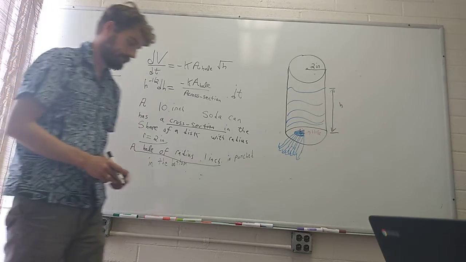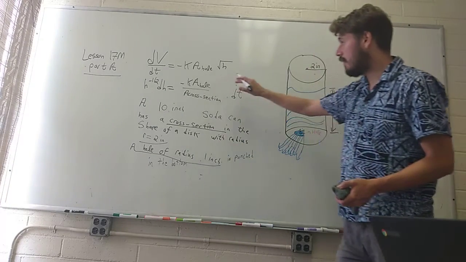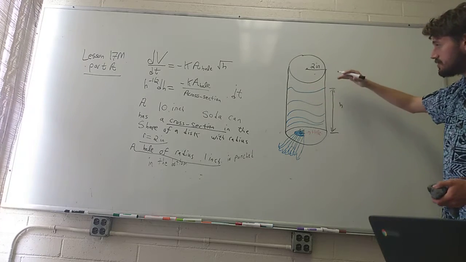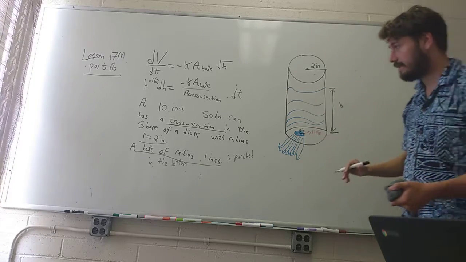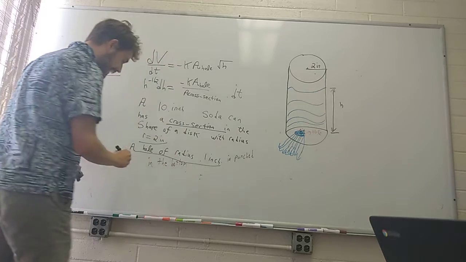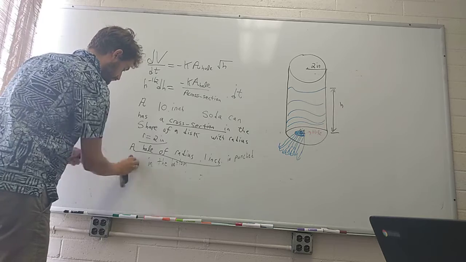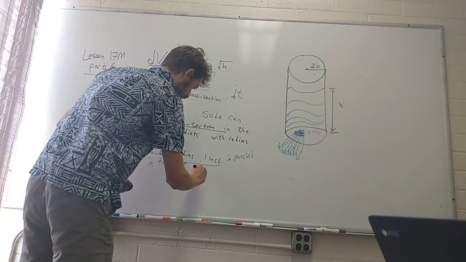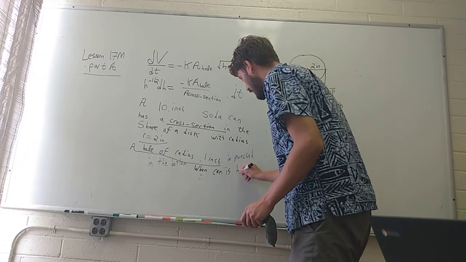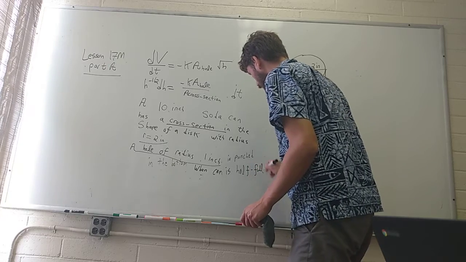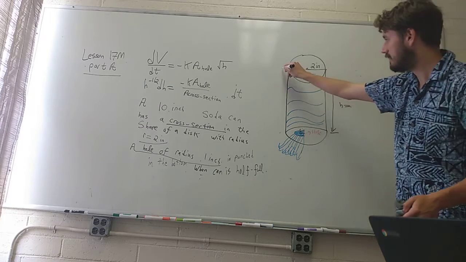Now, what else do we need to know? Well, we also need to know the proportionality constant and the initial height of the liquid, or the soda or water in our soda can. So let's say this was a 10-inch soda can, and the can is half full. So when the can is half full, what does that mean? That means H, it's a 10-inch can.